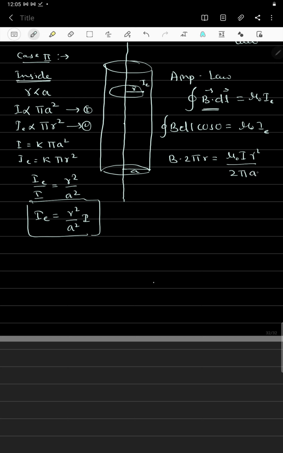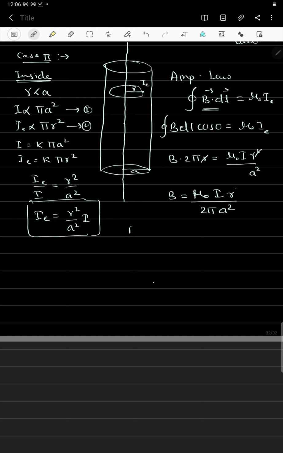Here one R gets cancelled. Then the expression becomes B equals mu naught into I into R divided by 2 pi A square.